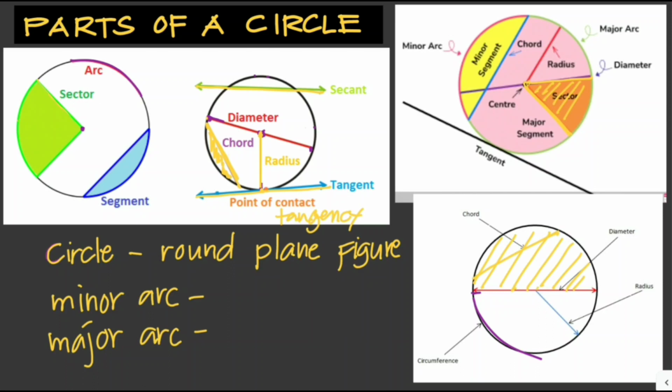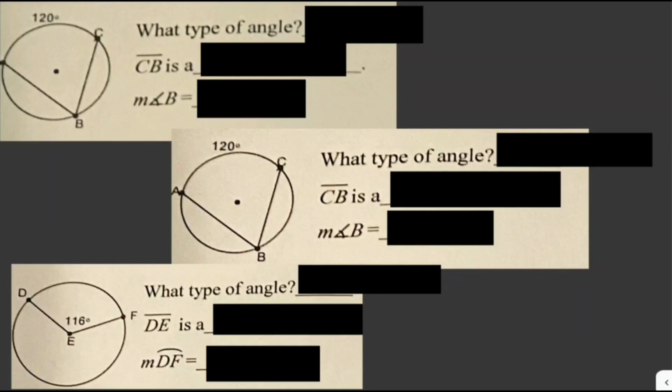And let's take note that the measure of the angles around a circle or around a point is equal to 360 degrees. And now let's identify some central angles, inscribed, interior and exterior angles of a circle.